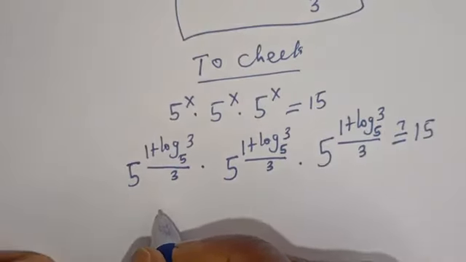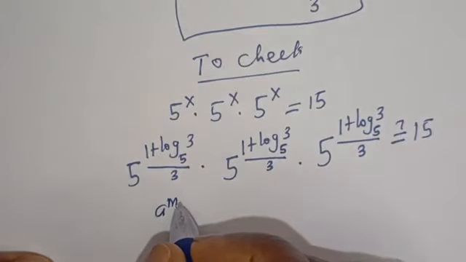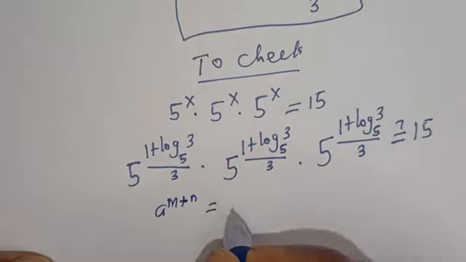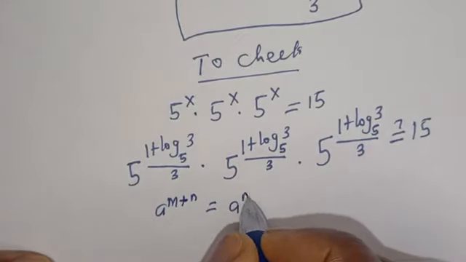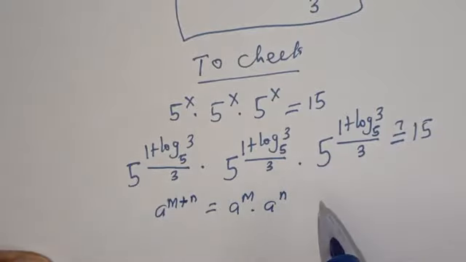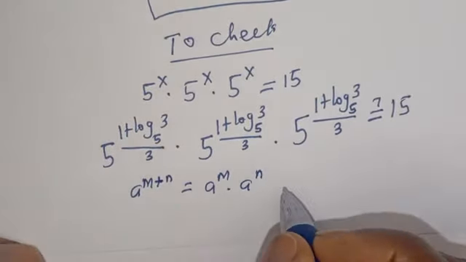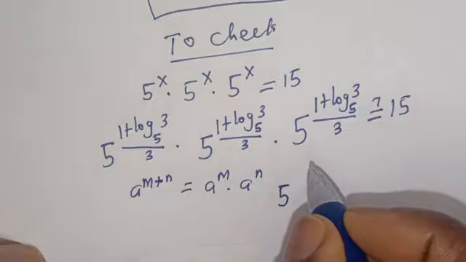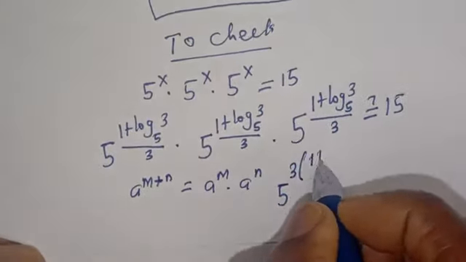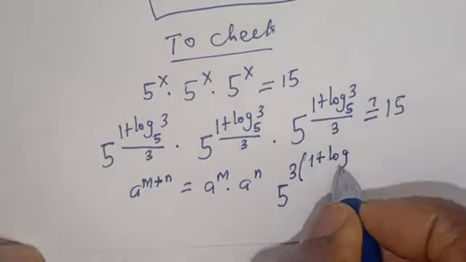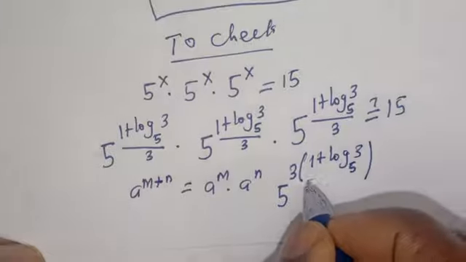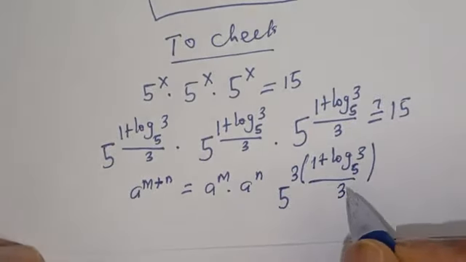Then we know that if you have a to the power of m plus n, this is equal to a to the power of m multiplied by a to the power of n. Then the whole of these can be written as 5 to the power of 3 bracket 1 plus log 3 base 5 then divided by 3.